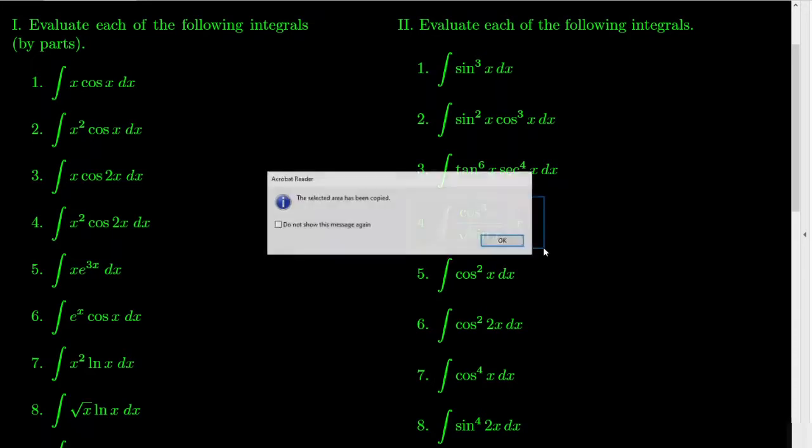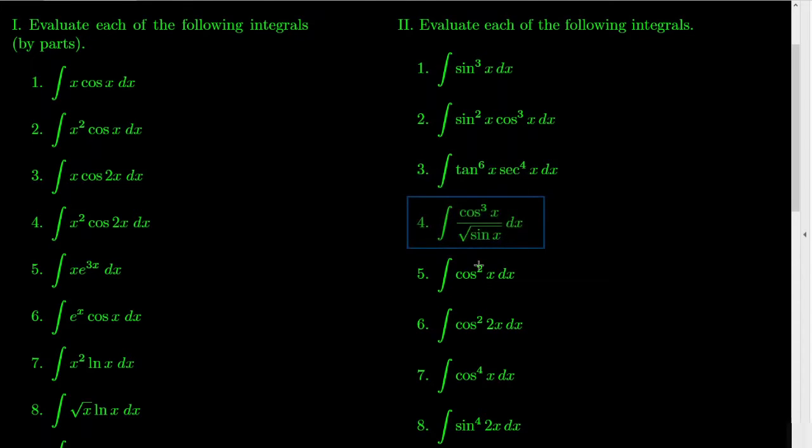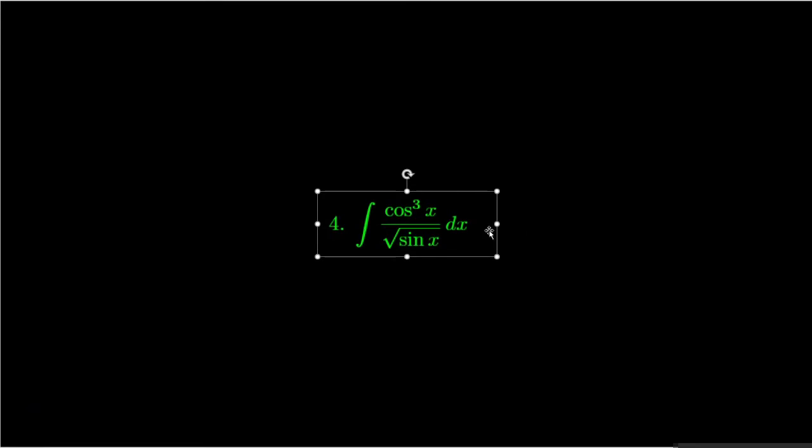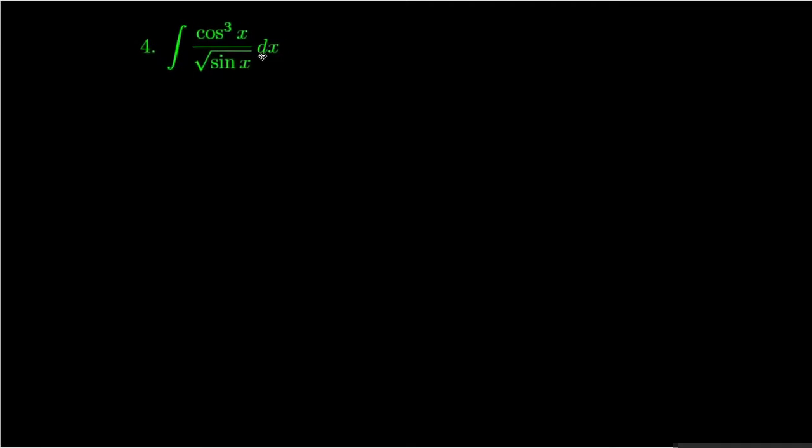The next question is going to be an in-class quiz question. I want you to do question number 4. I will give you enough hint, but I'm not going to give you the complete solution to the question.